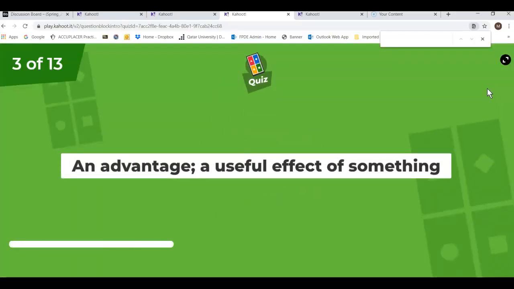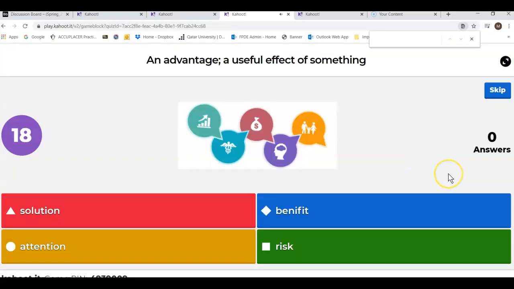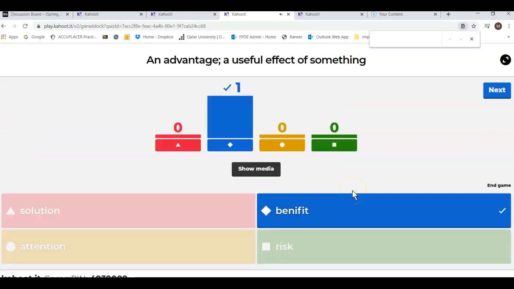Next question. An advantage, a useful effect of something. Advantage. Solution, benefit, attention, or risk. Definitely it's not risk. So it is benefit. Benefit, advantage means فائدة.